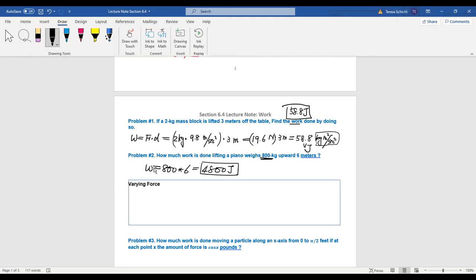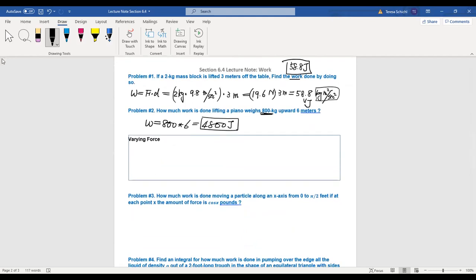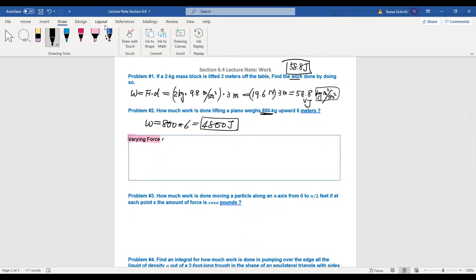Okay, so varying force is here. So what is varying force? That means, if an object here, let's take a look at when the force is not a constant force anymore.